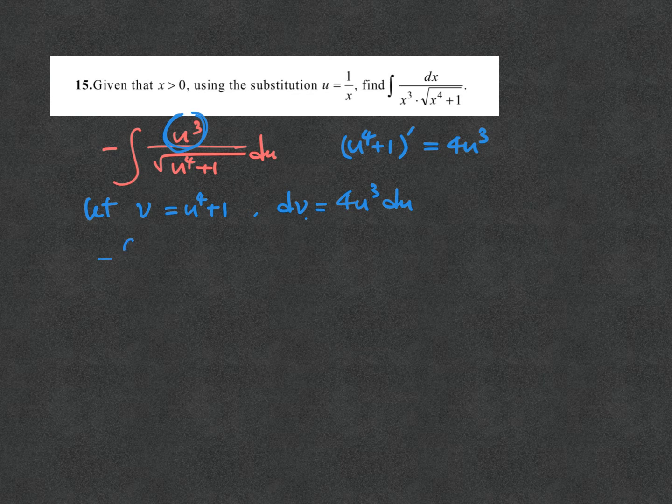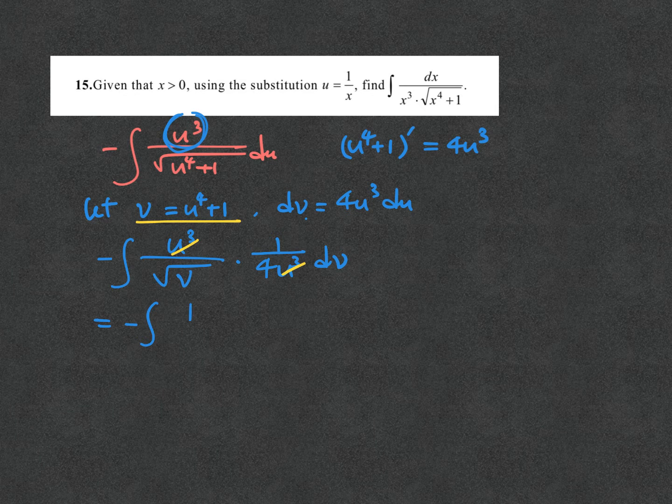The denominator becomes a very simple expression, just square root of v, while du will turn to 1 over 4u cubed dv afterward. The most important thing about the choice of the substitution is, can you see that the u cubed will be totally cancelled to each other?